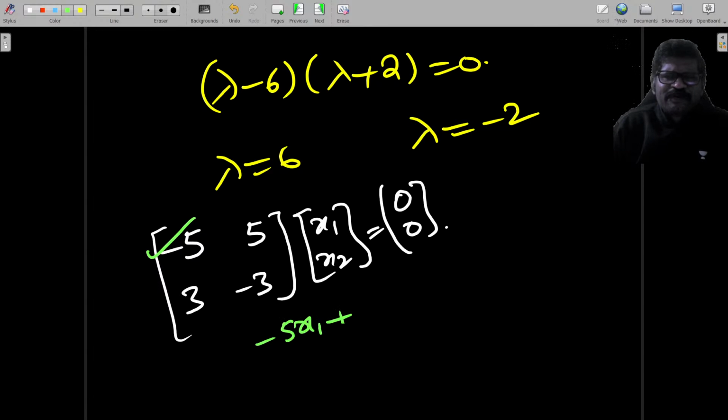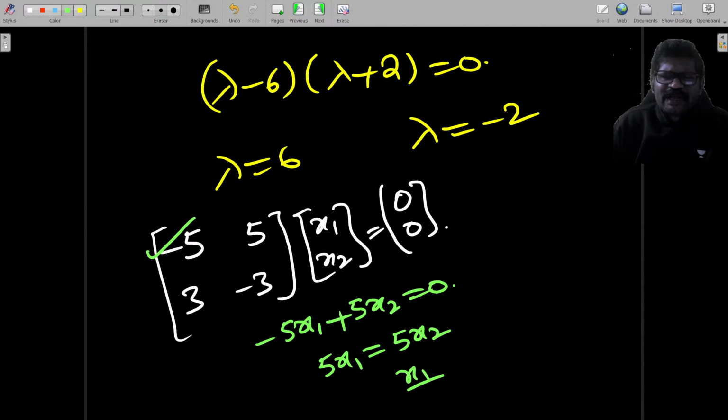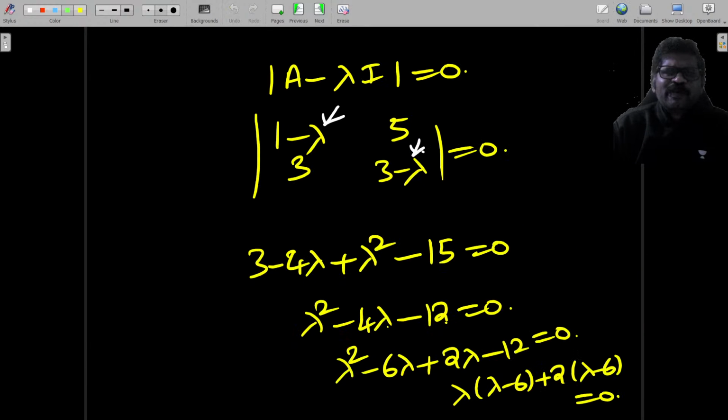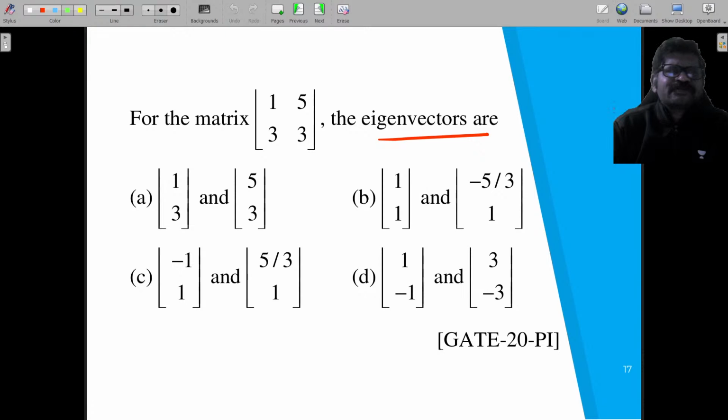Minus 5x1 plus 5x2 equal to 0. Separate variables: 5x1 equal to 5x2, so x1 by 5 equal to x2 by 5. After cancellation, x1 by 1 equal to x2 by 1. Therefore the eigenvector is 1, 1. Only the second option has 1, 1, so the second option is correct.